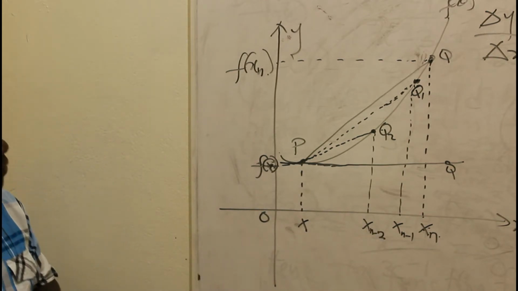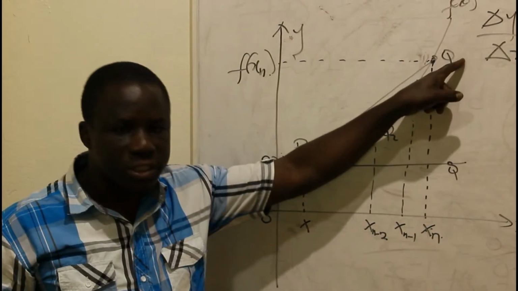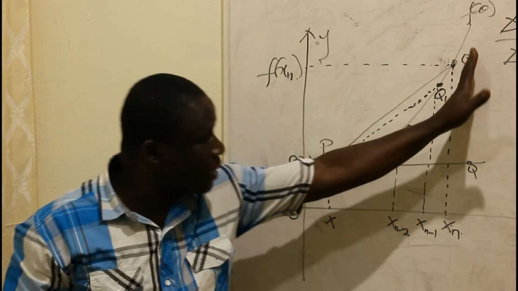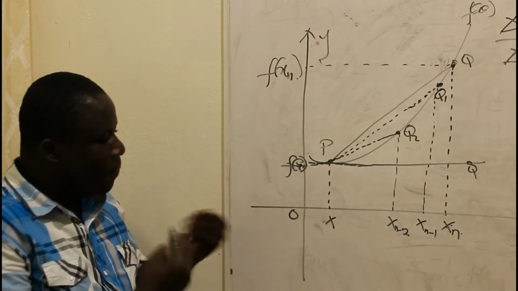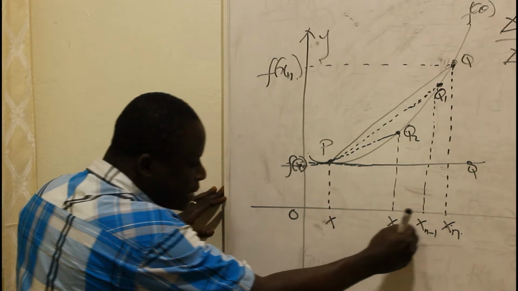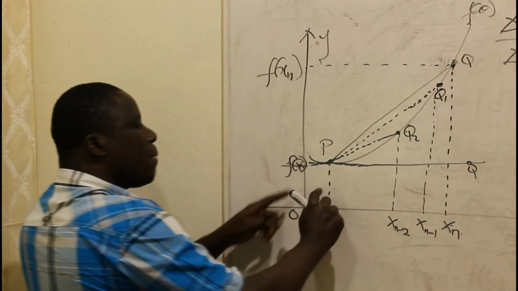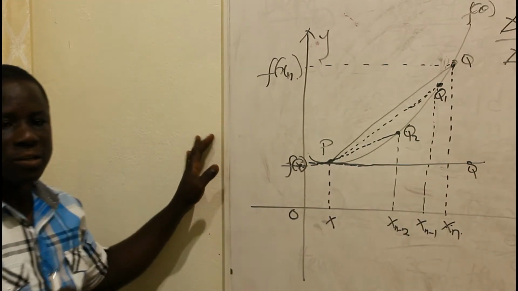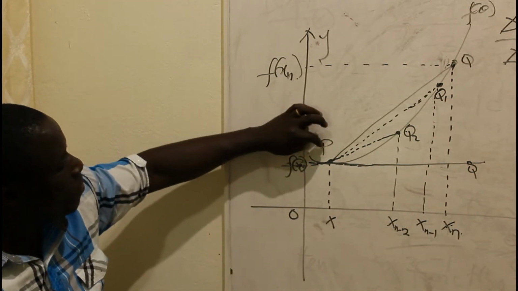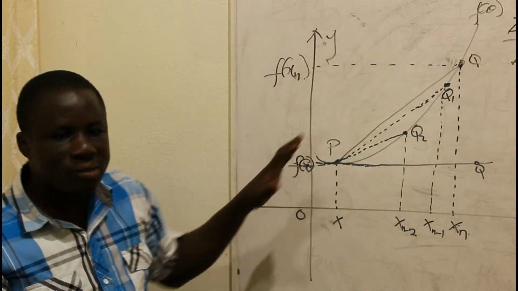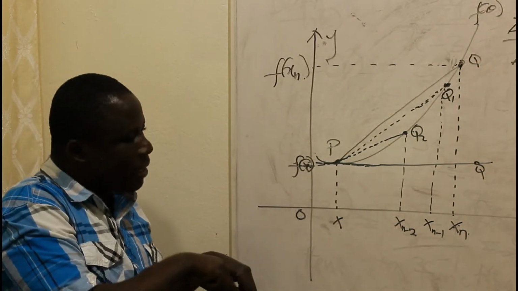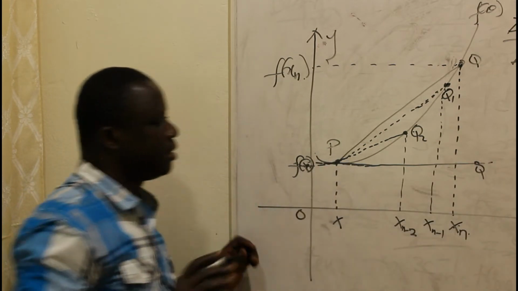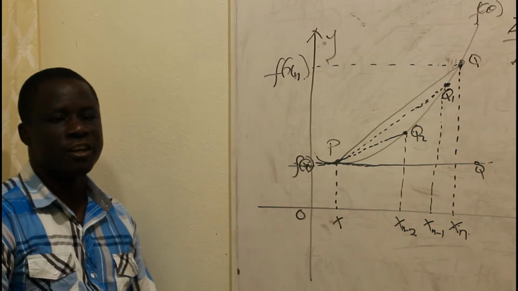So we say that if you know the slope of this chord PQ, then as you pick the limit, with the small changes approaching 0, the slope of the chord will now change to become the slope of the tangent. So we normally determine the slope of chord PQ. If that is done, then we pick the limit of that slope, and we get the slope of the tangent at point P. And that is differentiating from the first principle.